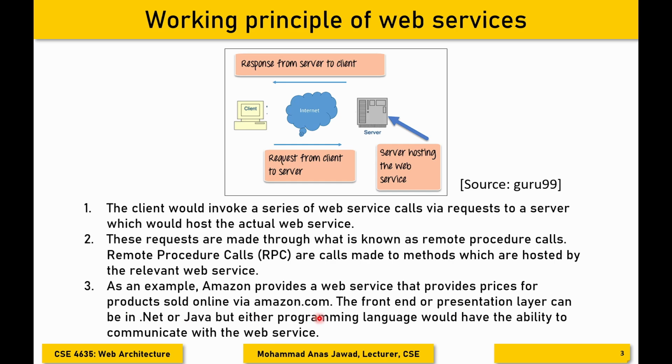Now, the front end or the presentation layer that is visible to the client can be written in any language like .NET or Java, but it doesn't really matter in case of web services. Both of those applications, be it written in .NET or Java, will be able to access these prices by simply invoking the web service that Amazon provides. Okay.